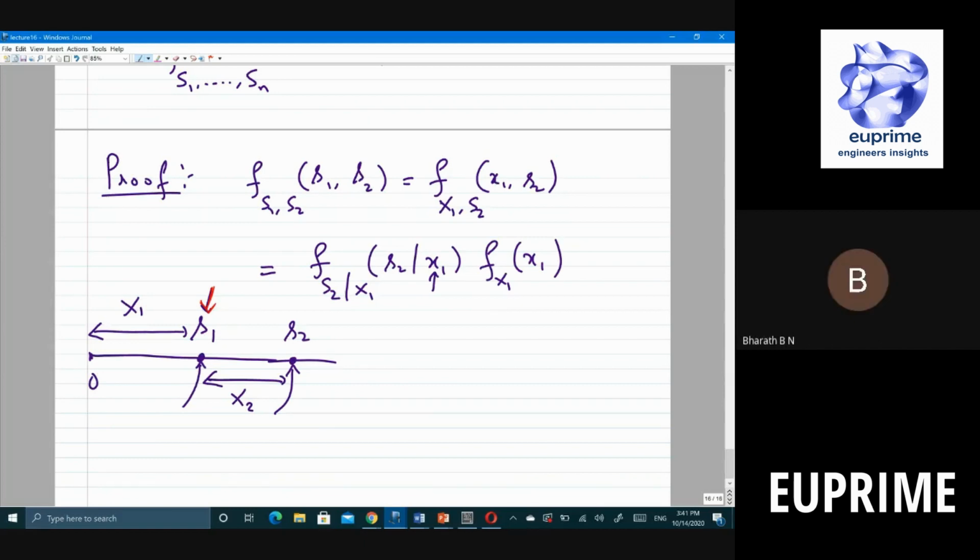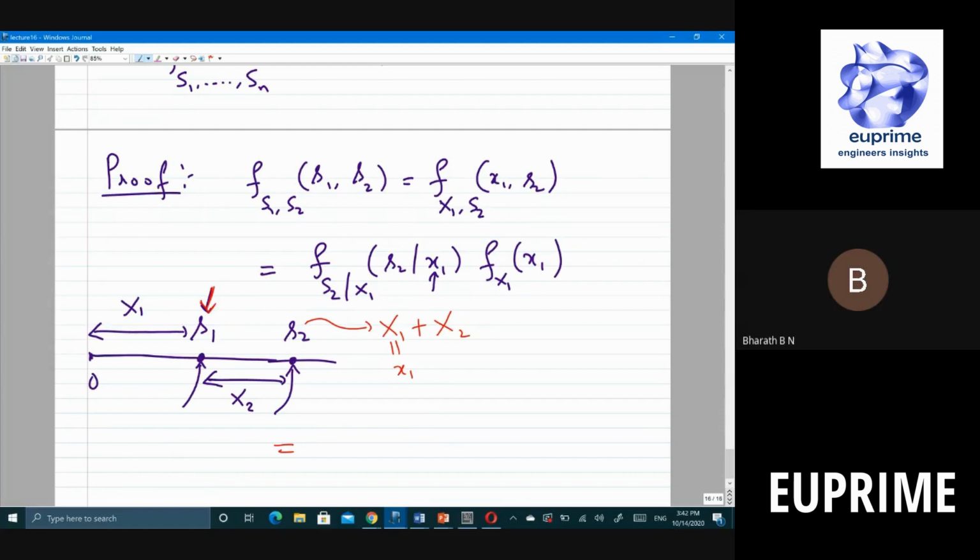Well, that is true, but this is x1 plus x2. That is something that I have. So I've conditioned on x1, that means this is given to be x1. Now, what can you say about S2?